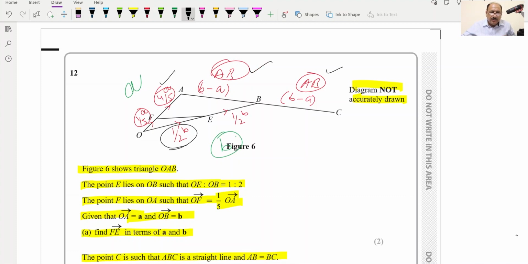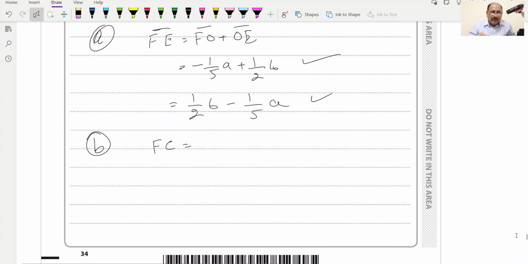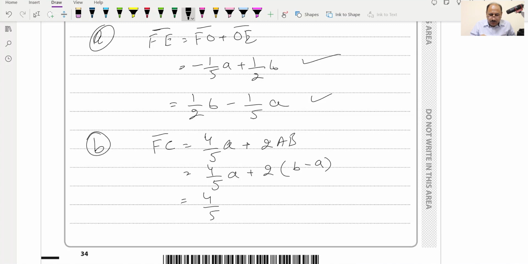AB we know is b minus a, so 4 by 5a plus 2 into b minus a, which we can open and simplify: 4 by 5a plus 2b minus 2a.